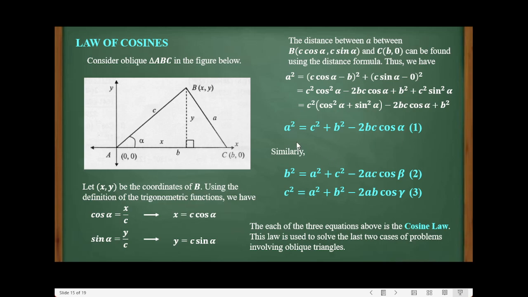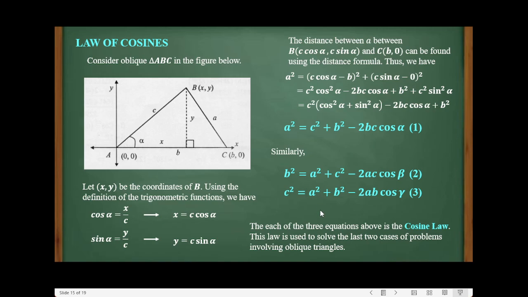Again, the law of cosines states that the square of one side is equal to the sum of the squares of the other two sides minus twice the product of these two multiplied by the cosine of the included angle. Any of these three has only one interpretation, and that is what I have just stated verbally.